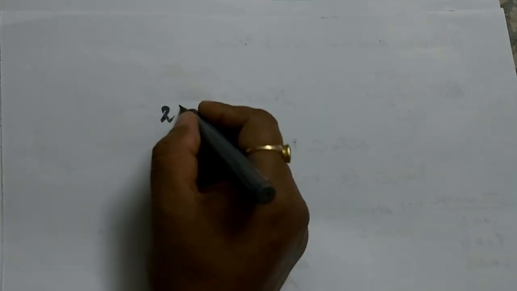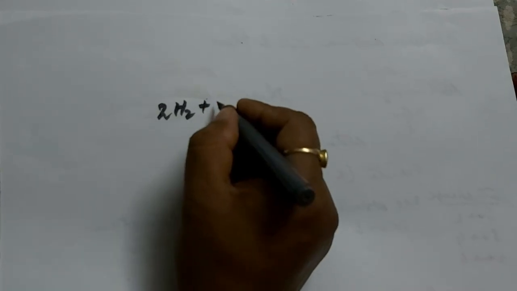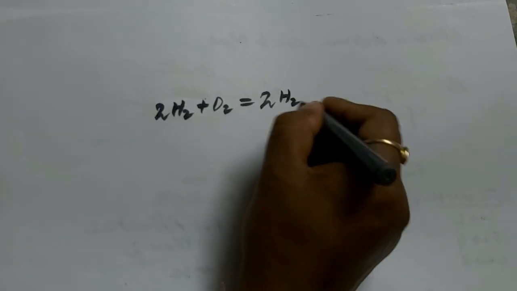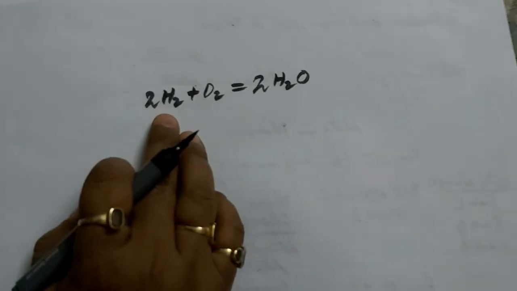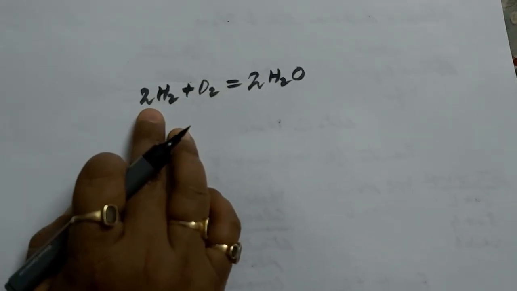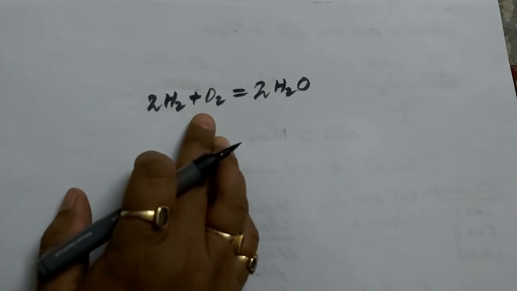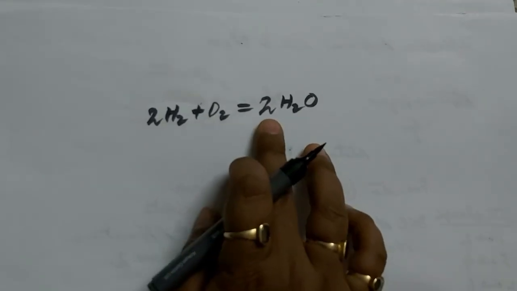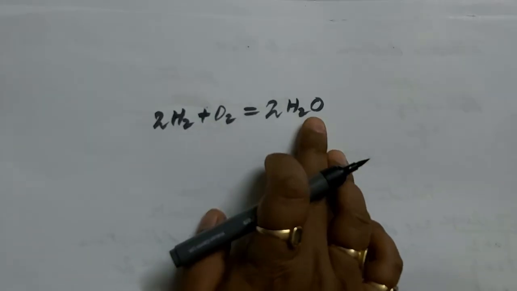I will discuss it with an example. I am taking the example of water. Water consists of hydrogen and oxygen. Here, 2 atoms of hydrogen are reacting with 1 atom of oxygen and producing water.